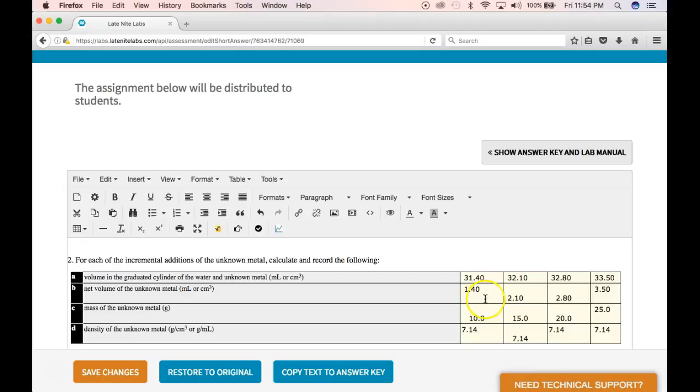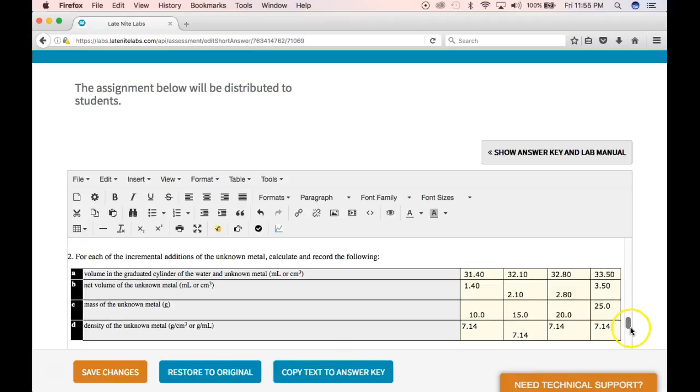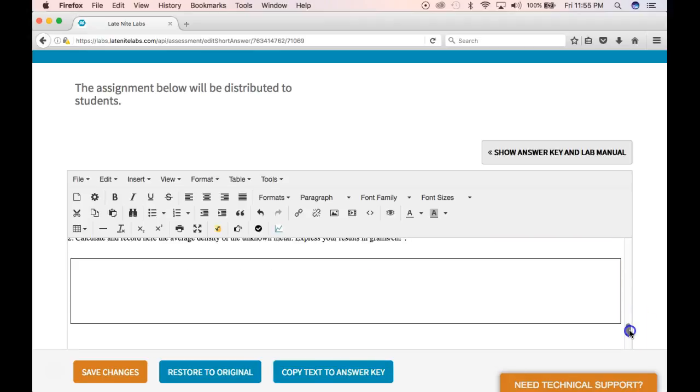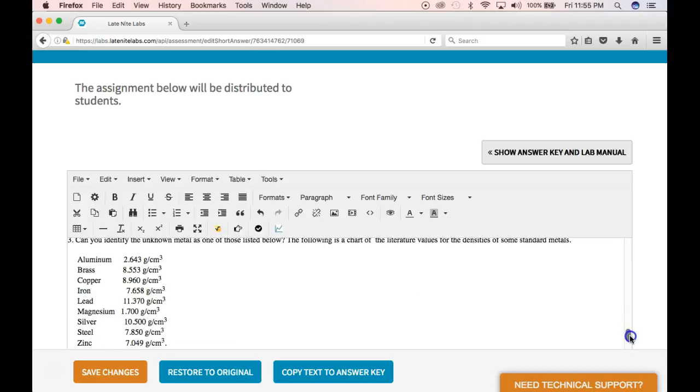So the mass of 10 divided by the volume of 1.4, and the density comes out to be 7.14. So in each case, mass divided by volume, and you should get an average of 7.14. And then you're going to use this value to identify the metal coming down here.